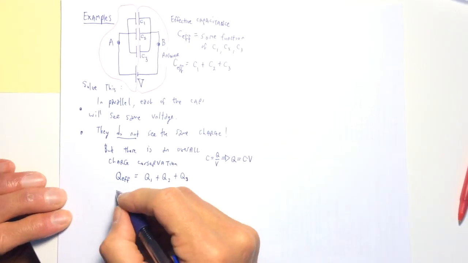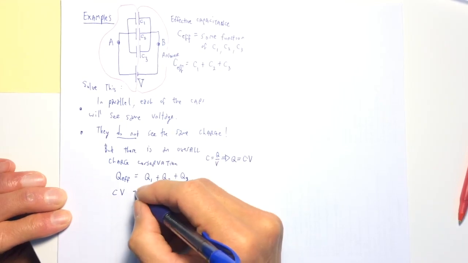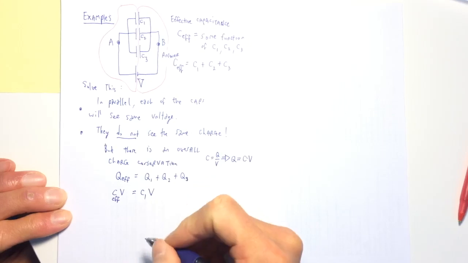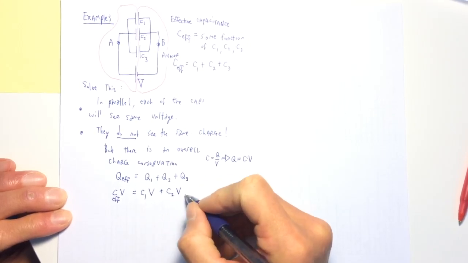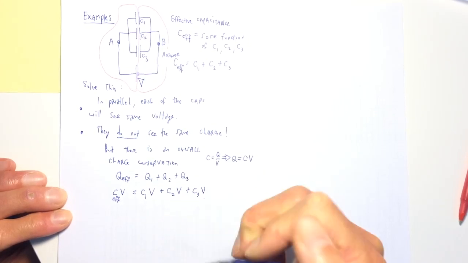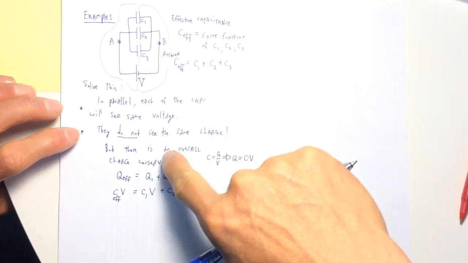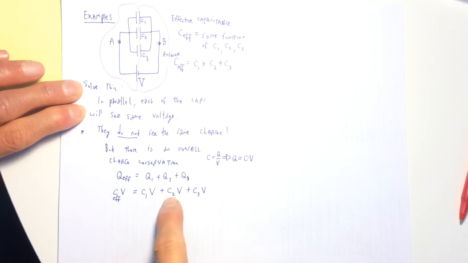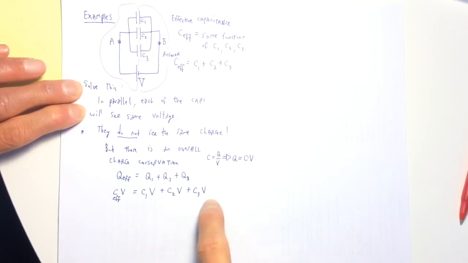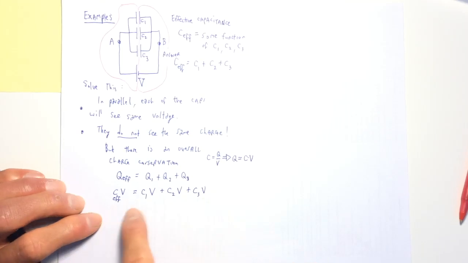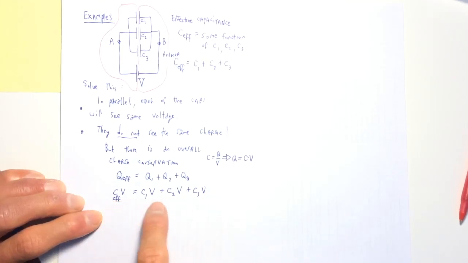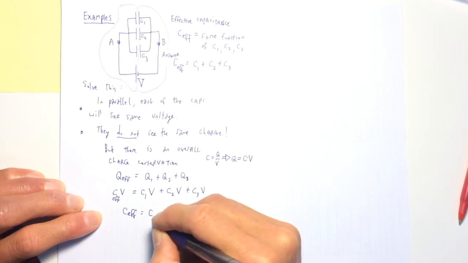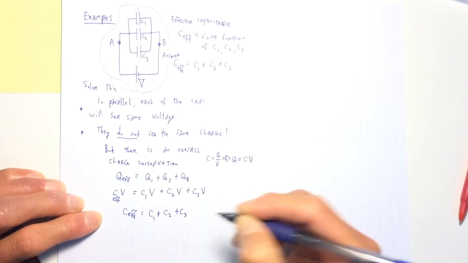So this is C effective V, this is C1V plus C2V plus C3V, and they all see the same voltage V. So V is a common factor in all of the terms, and you get C effective equals C1 plus C2 plus C3.